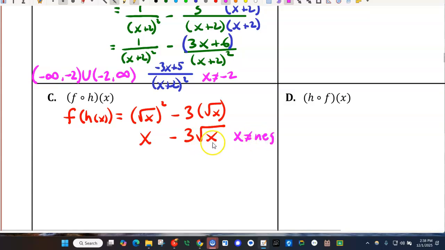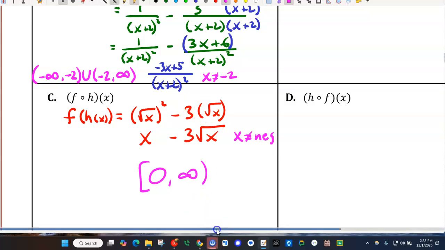So as long as you don't have a negative here, you're okay. So we can have anything from 0 to infinity. Should I include 0 or not? So is it a parenthesis or is it a bracket? Yeah, bracket. Because we can plug 0 in. Square root of 0 is 0, right? I'd get an answer of 0, but that's still an answer. It's not like I'm taking the square root of a negative. Okay?